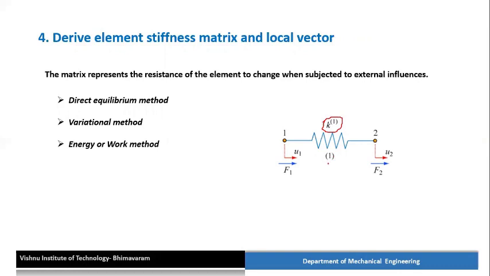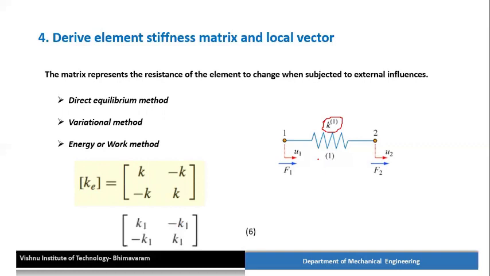K superscript 1 here is the stiffness of this particular spring, spring 1. So under direct equilibrium conditions, we can say that the element stiffness matrix of this spring is Ke equal to [K, minus K; minus K, K]. This is the stiffness matrix of this spring.